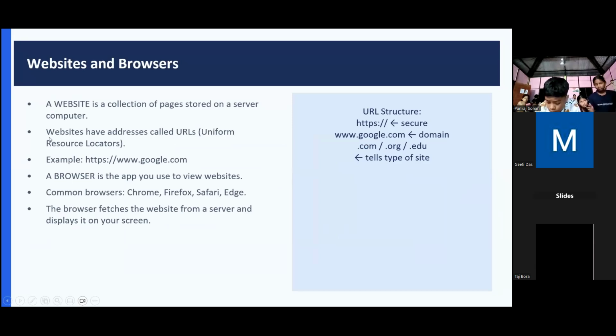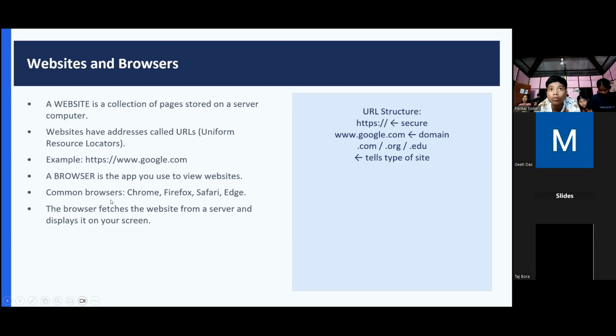But then the next thing is that websites have addresses called URLs, which are Uniform Resource Locators. And then an example of this would be Google. This is a URL because it has all of these things right here. And then the difference is a browser is the app that you use to view websites. So websites are all of the things that you can actually do things on, but the browser helps you locate and switch websites.